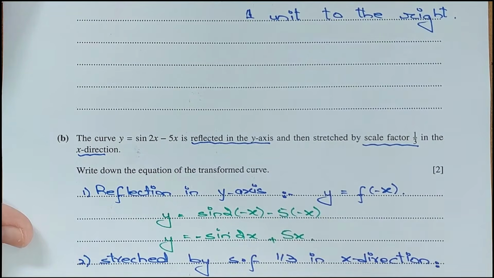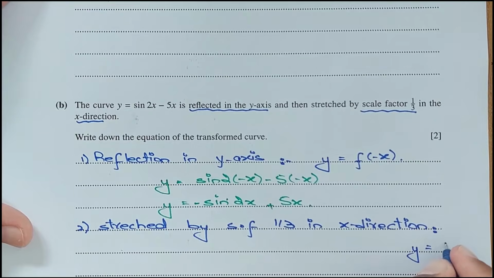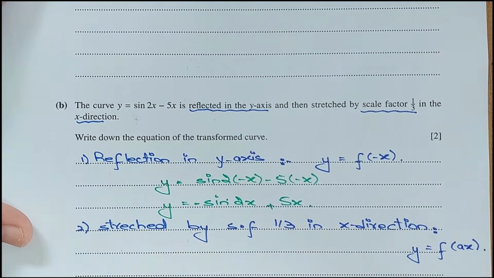For a stretch in the x direction, y = f(ax). Anything that is inside the bracket is reversed, so a would be the reciprocal of 1/3, which is 3, so 3x, right?